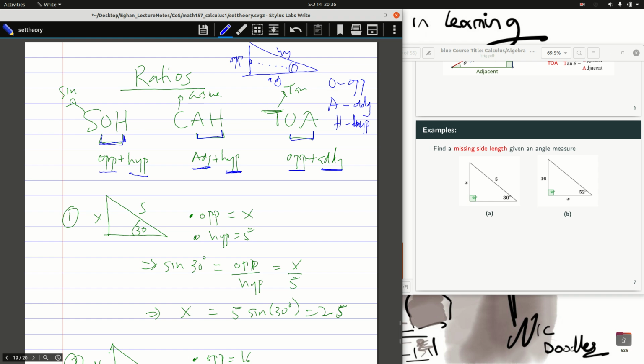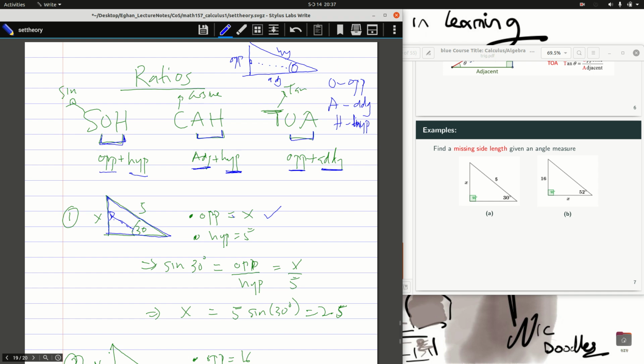What you have to do is extract the information given. From my triangle here, my theta is pointing this way, and so it means I have the opposite given as x.